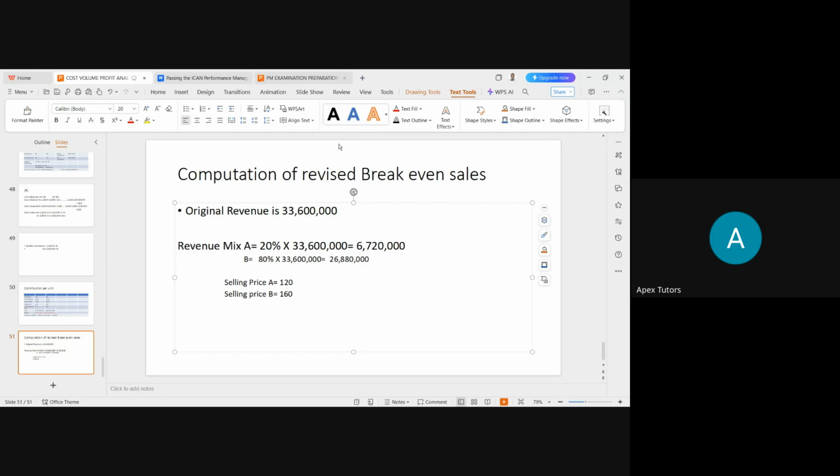So let me now ask a question. How many units are we going to produce, or sell, for product A in relation to this revenue?